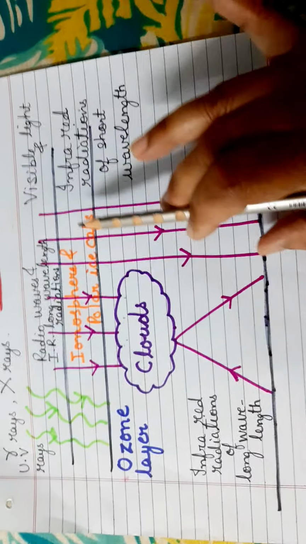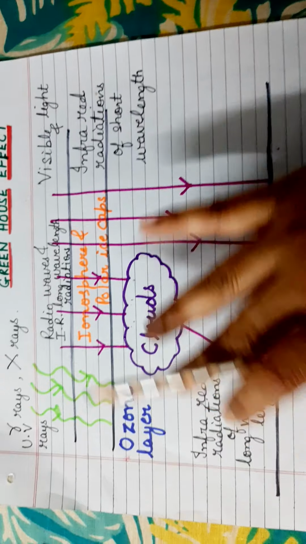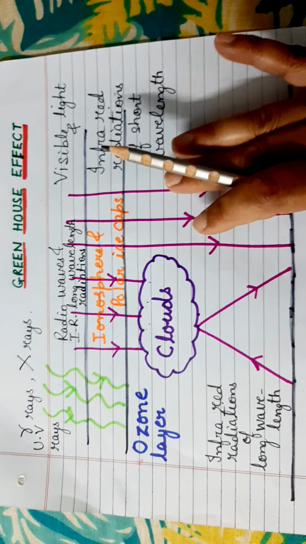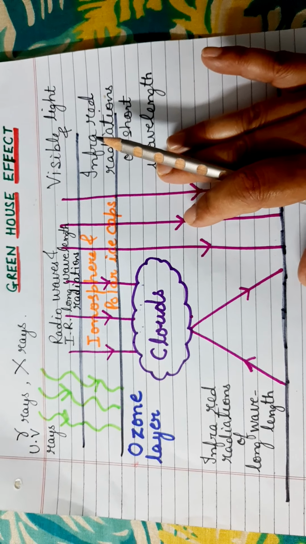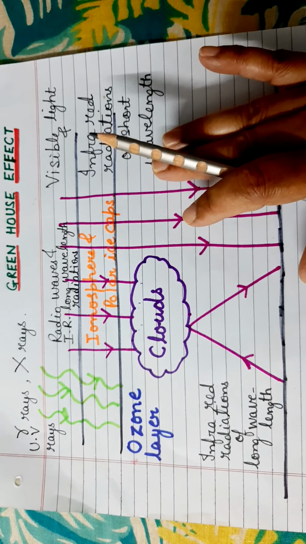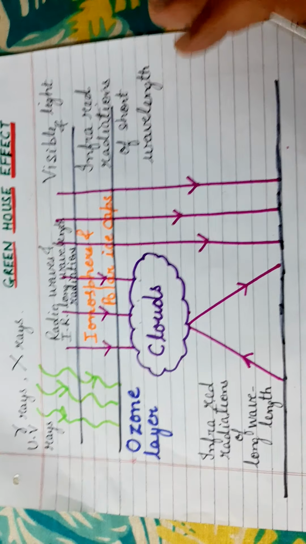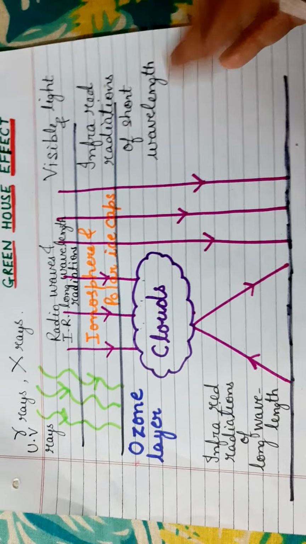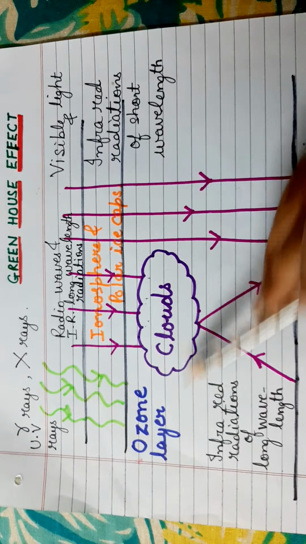But what happens is, due to various human activities, there are different gases which are emitted. Like we have gases like carbon dioxide, CFC, that is chlorofluorocarbon, then we have water vapor, and we have methane. Now, these gases form a cover over the surface of the earth.